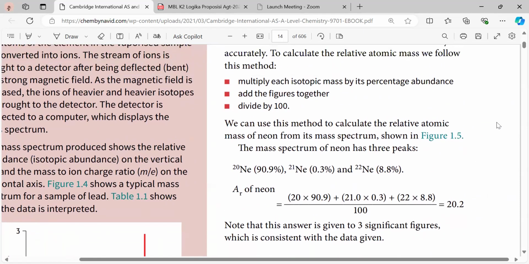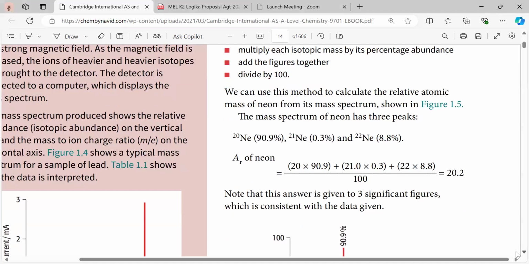They are all isotopes, and they have different abundances, I mean percentages. For the first neon right there, we have 90.9%, then this one is only 0.3%, and then this one is 8.8%.